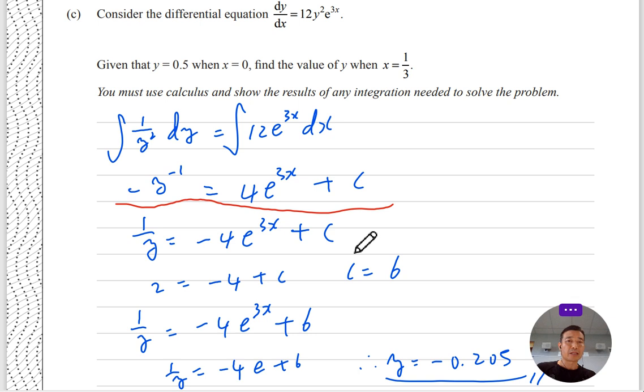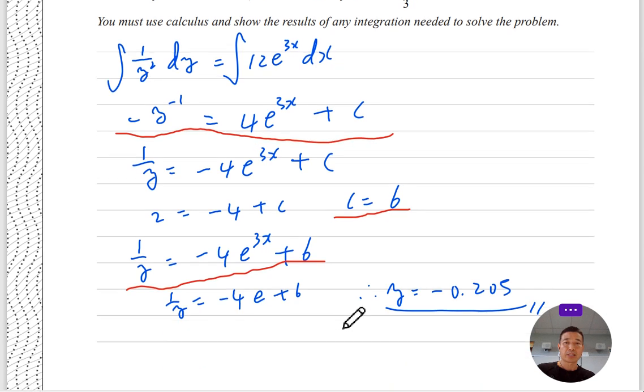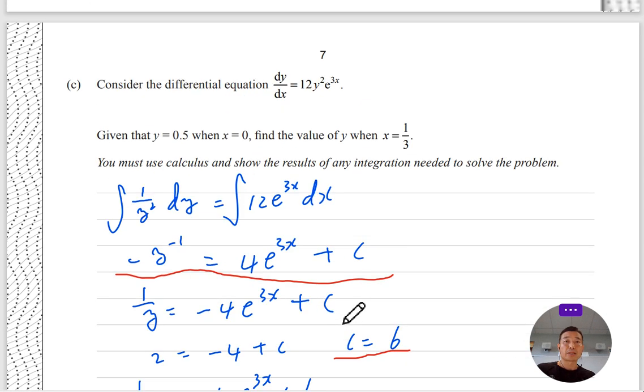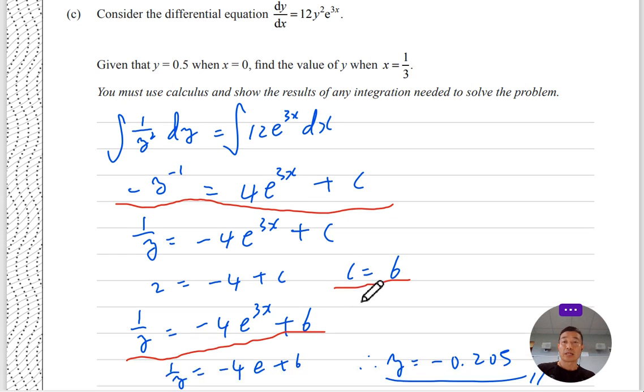It seems like it should be negative c. It doesn't matter whether you say plus c or negative c. You will get the same equation. So it turns out 1 over y is that. So y equals 1 over negative 4 e to the power of 3x plus 6. When x is 0, oh yeah, you got c is 6. So when you plug 1/3 into x, it becomes e to the power of 1, which is e.